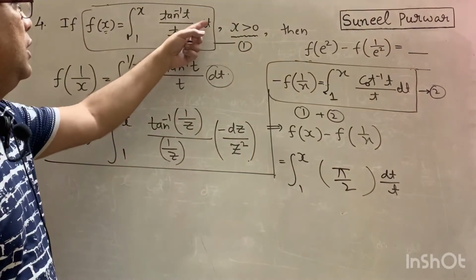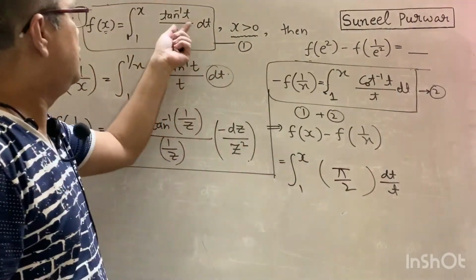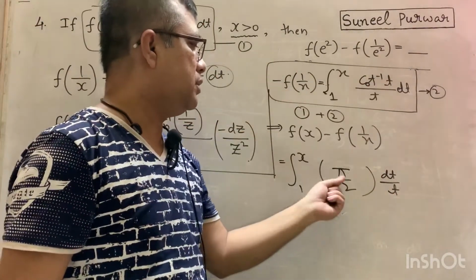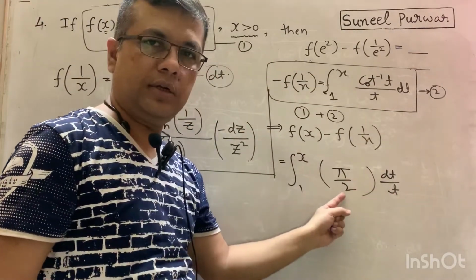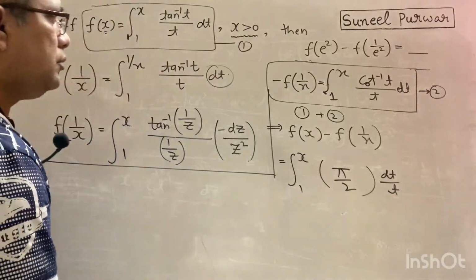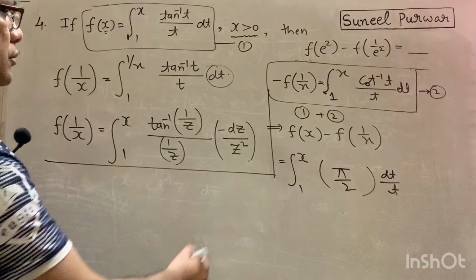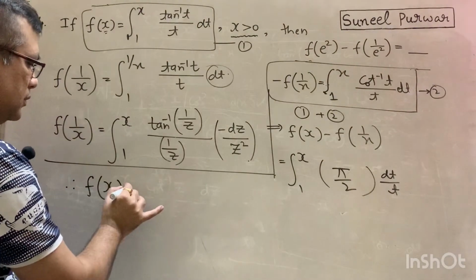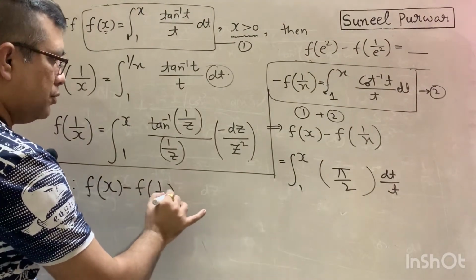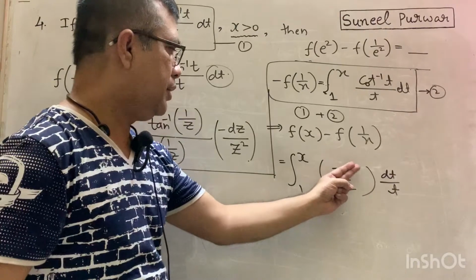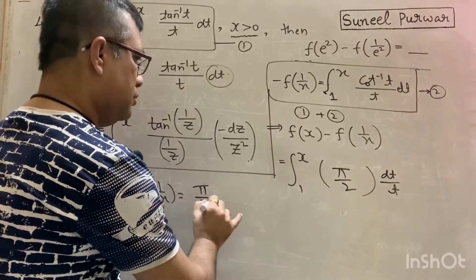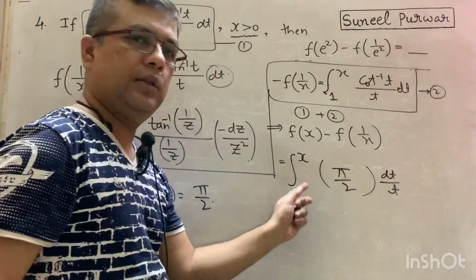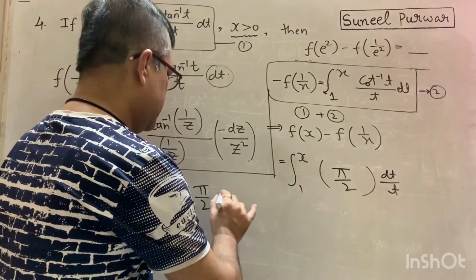So what will you have? Dt by t into tan inverse t plus cot inverse t. That is your pi by 2. Now you can see, hence f of x minus f of 1 by x equal to, you can integrate this, pi by 2, this will be ln t, apply the limits, so that is nothing but ln of x only.